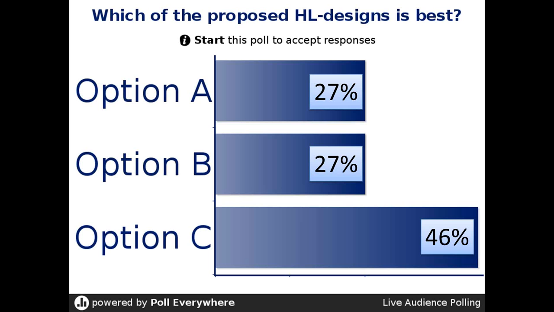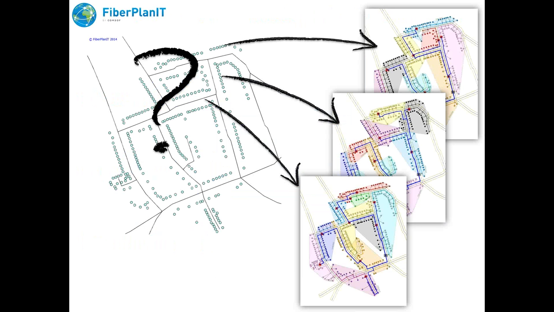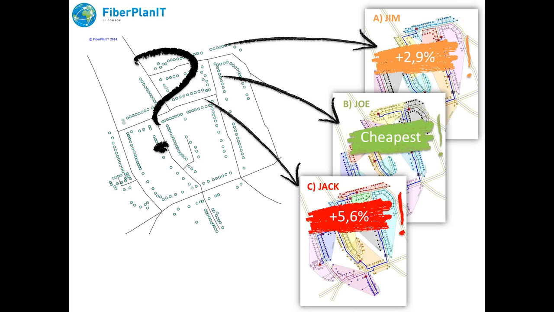You see that no one really had a clear preference, although a majority was for option C, just from looking at first sight what could be the best option. Now, the funny thing is, if you actually calculate the costs of these 3 designs, it turns out that design number C is actually the most expensive one, and not just by a couple of percentages, but in this case it was in total 5.6% more expensive than the cheapest one, which was option B.